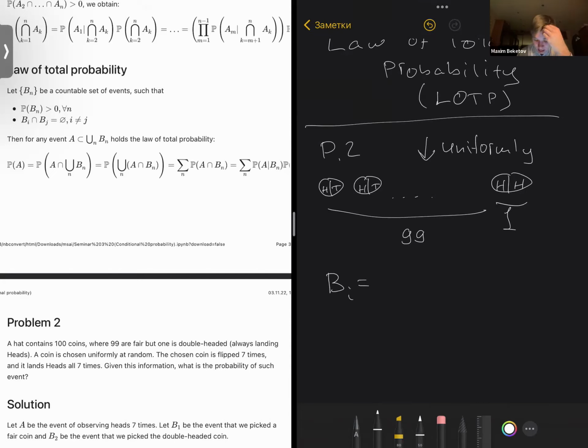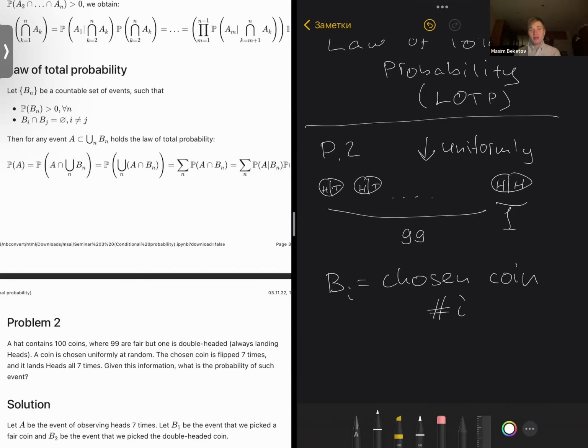It means that we've chosen coin number i. So there will be 100 such events, and they should be pairwise disjoint, so they should not intersect.